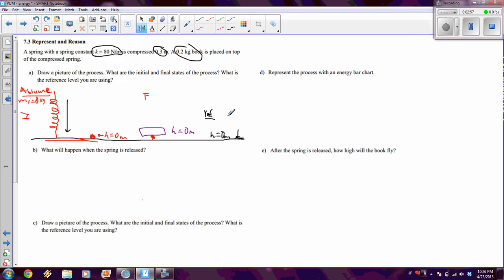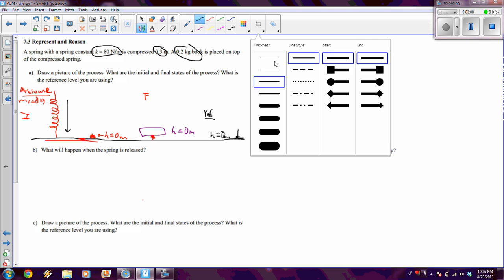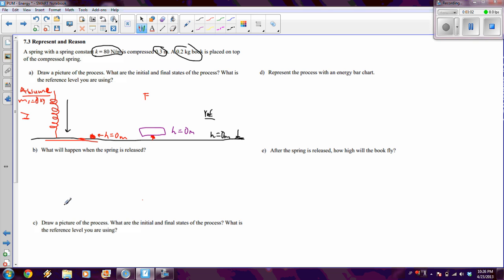So what will happen when the spring is released? When the spring is released, of course, since there is now elastic potential energy in the spring because we've pushed it down, it's going to want to spring up or fly up. So initially we have a high elastic potential energy. We're going to be going to some kinetic energy.